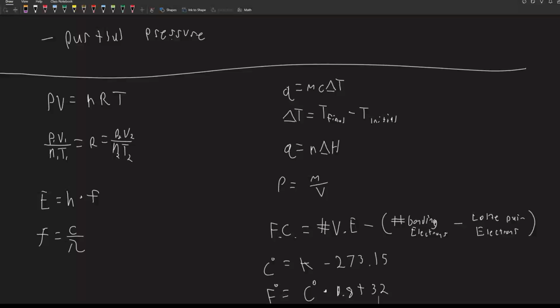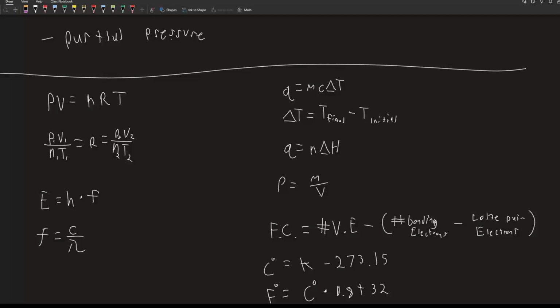Now, I'm not going to write down the constants here because the question should give you the constant. If you need to use one of these equations, the question will give you the constant. What else? Anything else? Let's see. Electronics. No, you don't need to know anything for that.